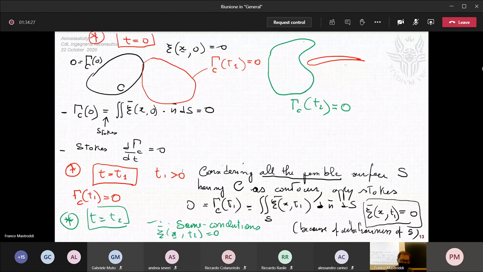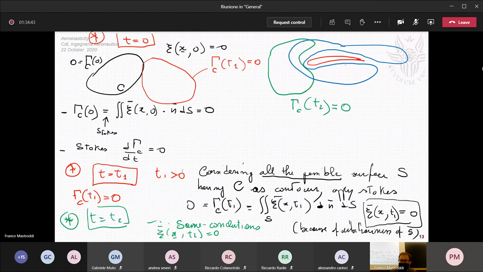Okay, now, of course, we can go to the limit, look at the limit, which is very interesting. The limit should be something like that. Gamma C in T3, and gamma is again equal to 0. And you can ensure that the vorticity in that time is 0, considering all the surfaces having the blue contour as boundary.